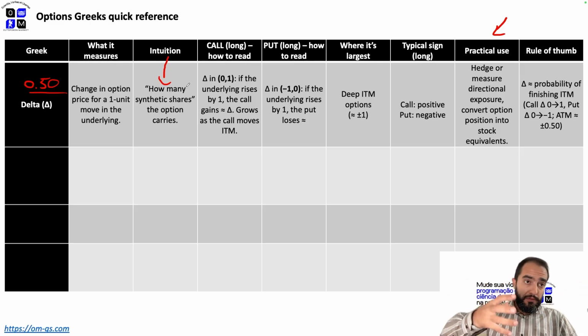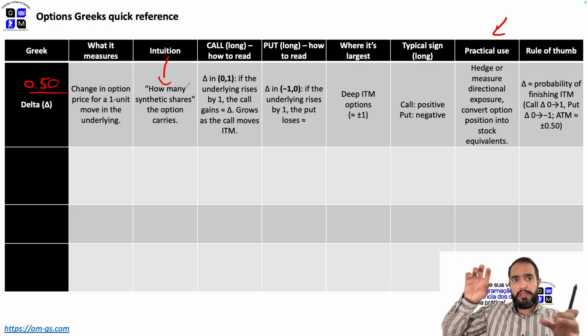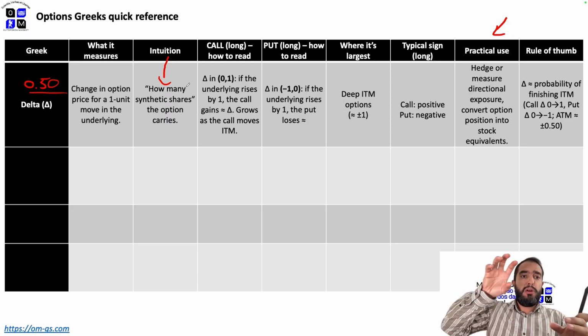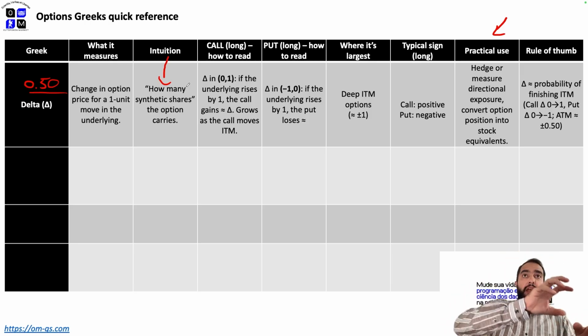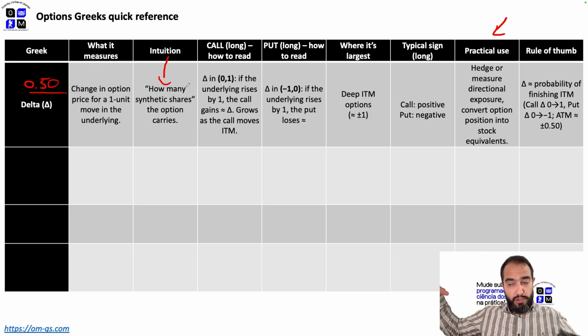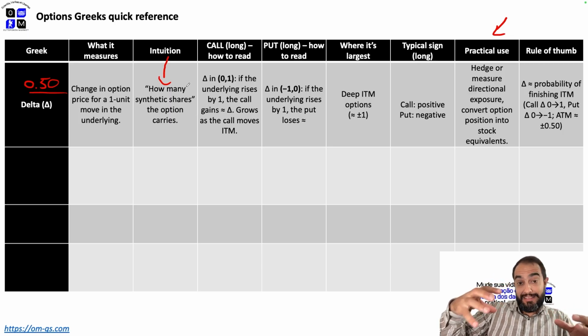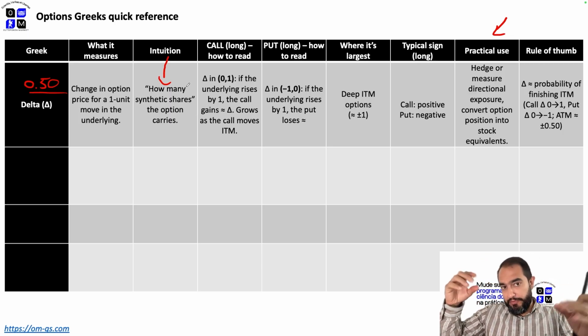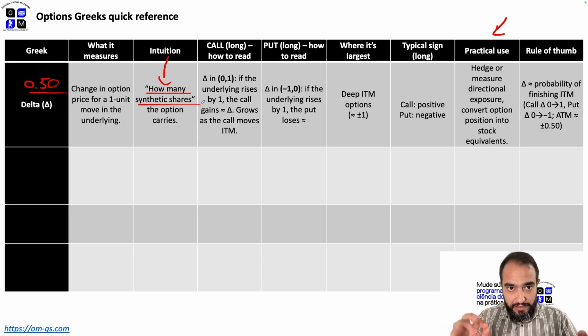Or if you have a portfolio with stocks, you can do a simple calculation that is going to show how many options you have to buy or to sell in order to lock in the value of your portfolio against very dramatic moves up or down. That's why they can be understood as how many synthetic shares they carry.